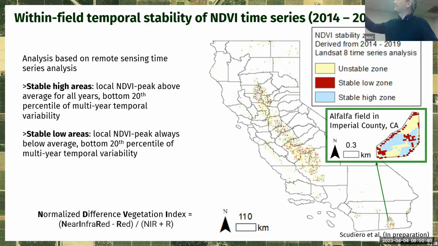Basically what this tells us is that typically you would have areas in a field that are always producing high, areas that are always producing low, but it's very typical to observe a big portion of a field that is swinging from year to year. And that's because you have complex interactions between the crop that you're growing, the practices that you're using, and the environment that you're growing in.